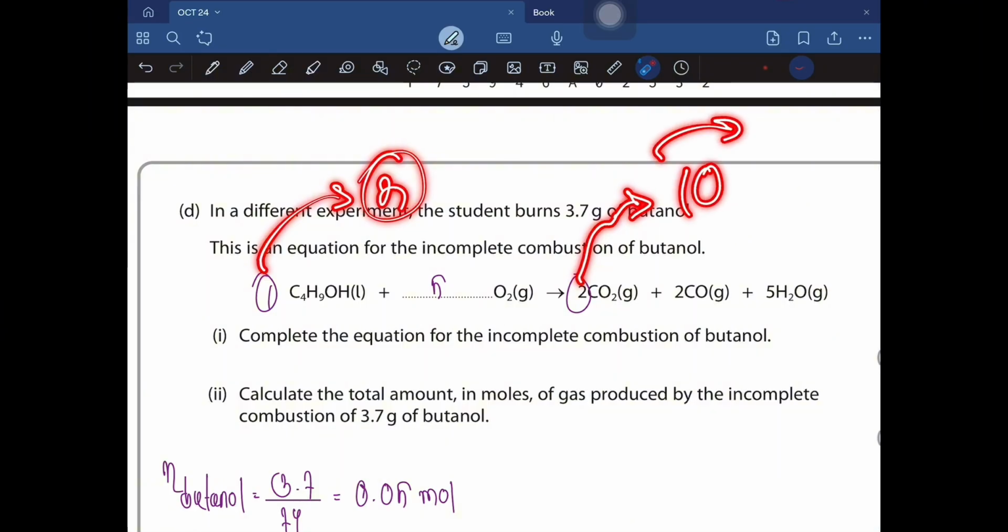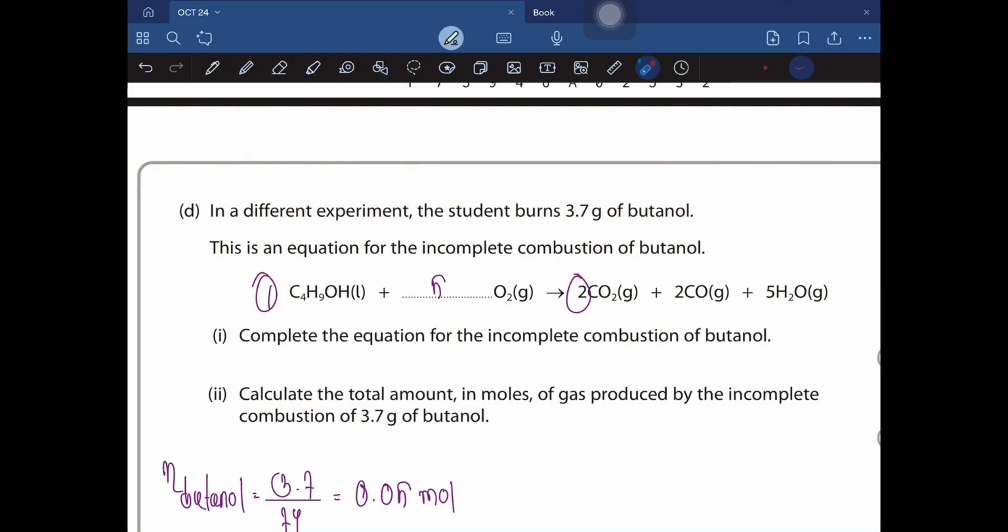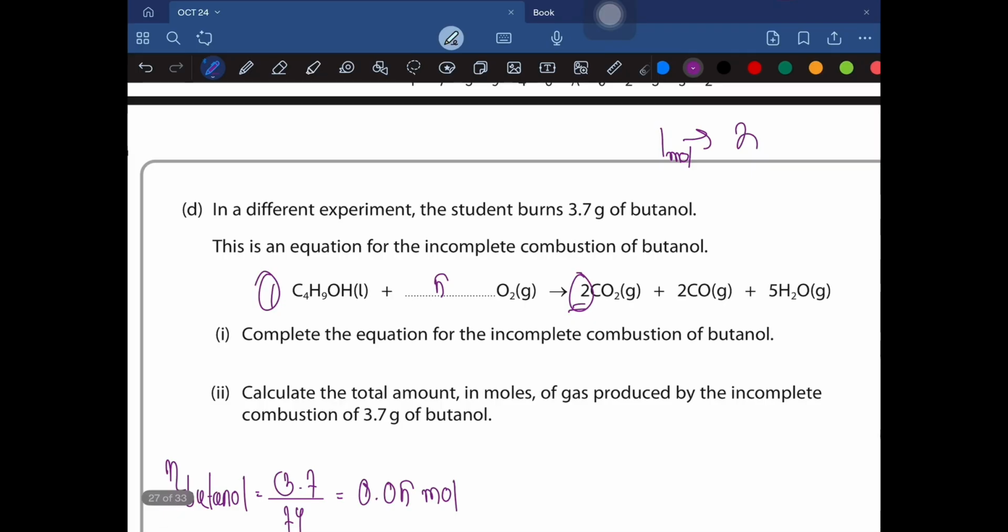Why 2 times 5? Because many of the students have this question. What I used to do was, suppose 1 represents 2, the unitary method. 1 mole of this represents 2, so 2 moles should represent 2 times 2, which is 4.